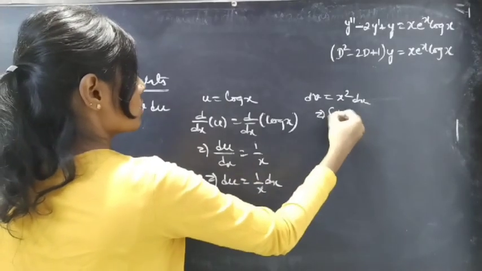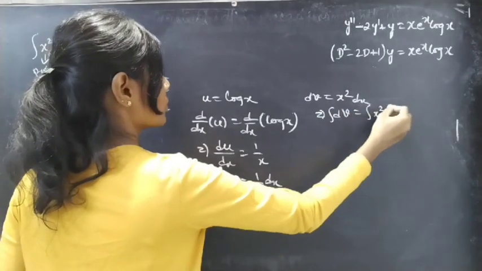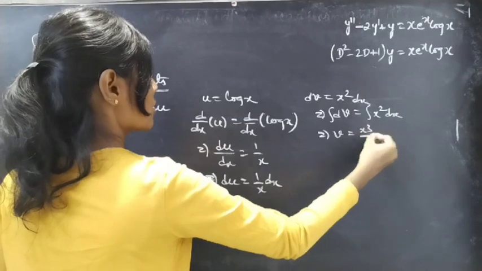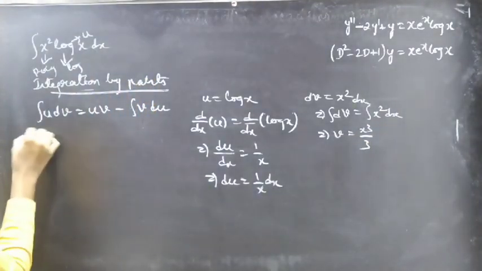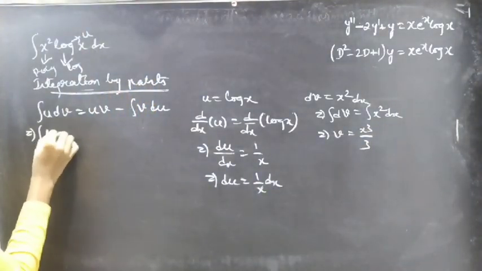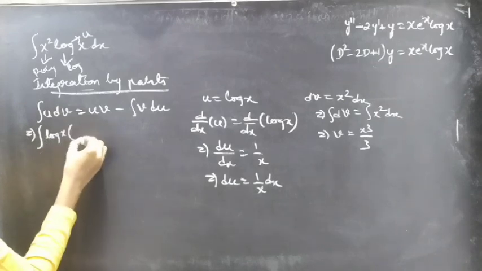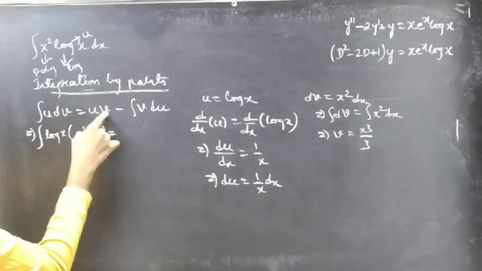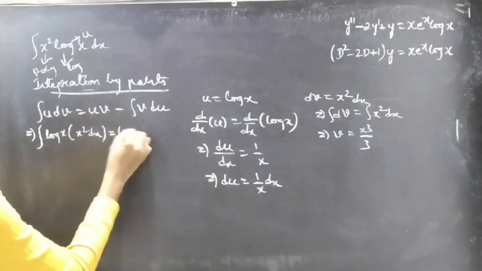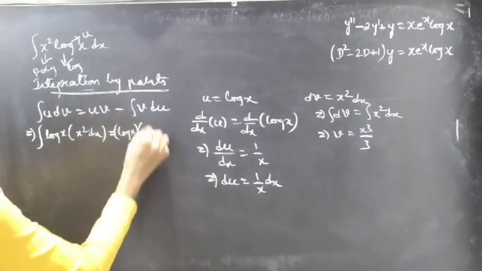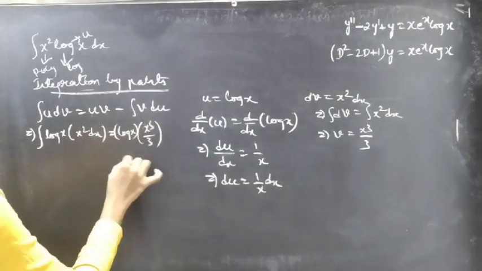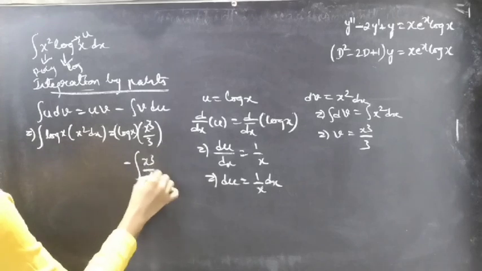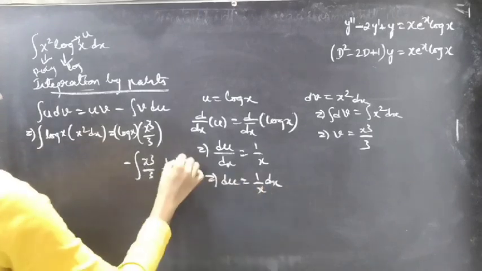Here integrate on both sides. We'll get v equals integral x square dx, which is x cubed by 3. Right, now substitute in this formula. We'll get integral u dv, log x into x square dx, equals u into v, where u is log x and v is x cubed by 3, minus integral v du, v into du, 1 by x dx.